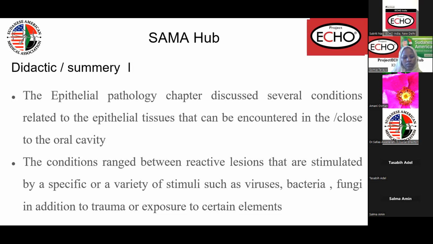Examples of this condition include inflammatory papillary hyperplasia due to chronic trauma or irritation combined with low-grade fungal infection. We also discussed Heck's disease due to viral infections and some other conditions in this category.